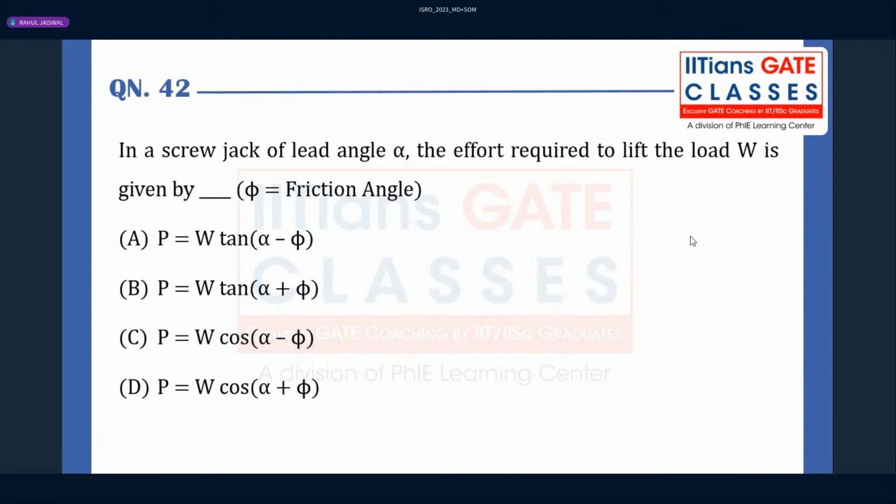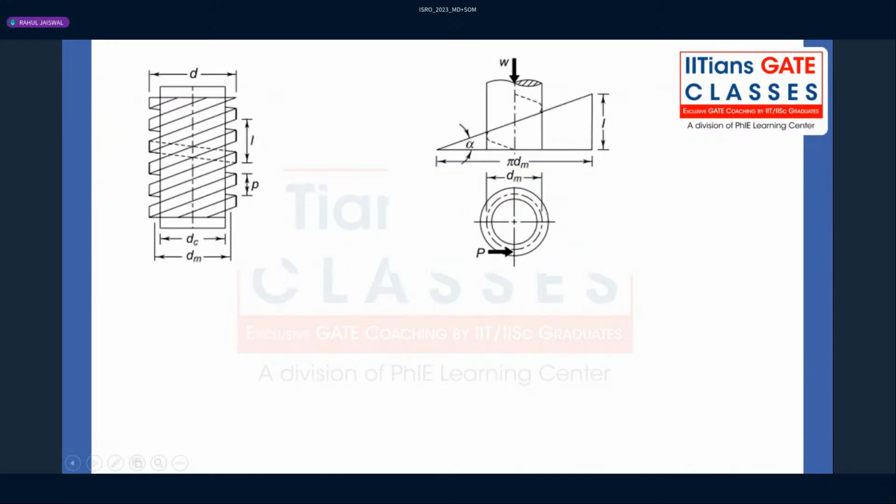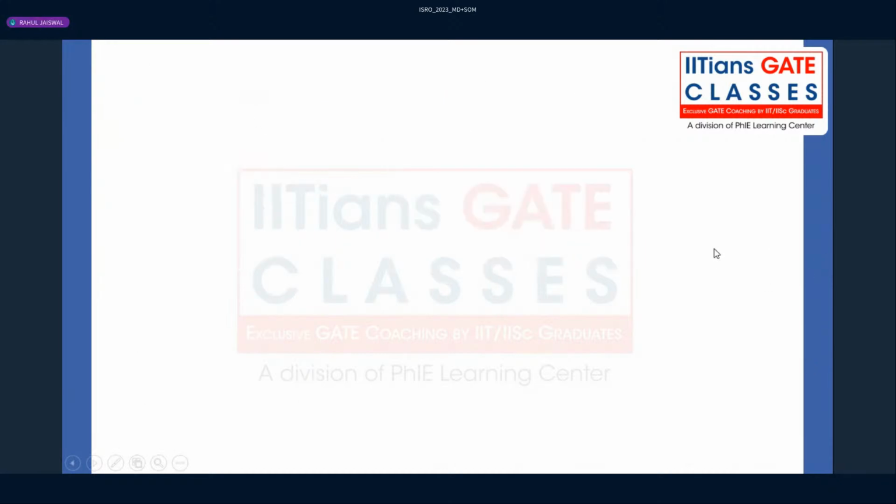So when I show you the diagram of the screw jack, how the lifting will happen. There is a stand. This is a very rough diagram I am making here, and why?